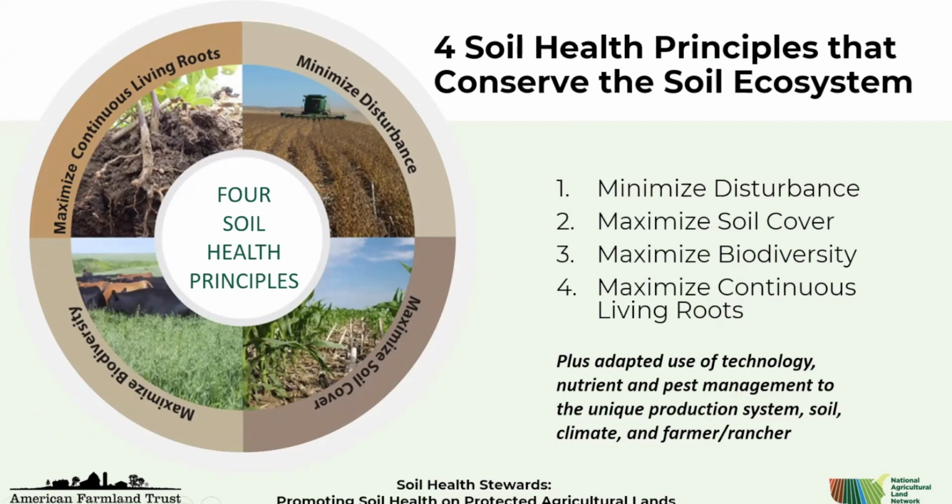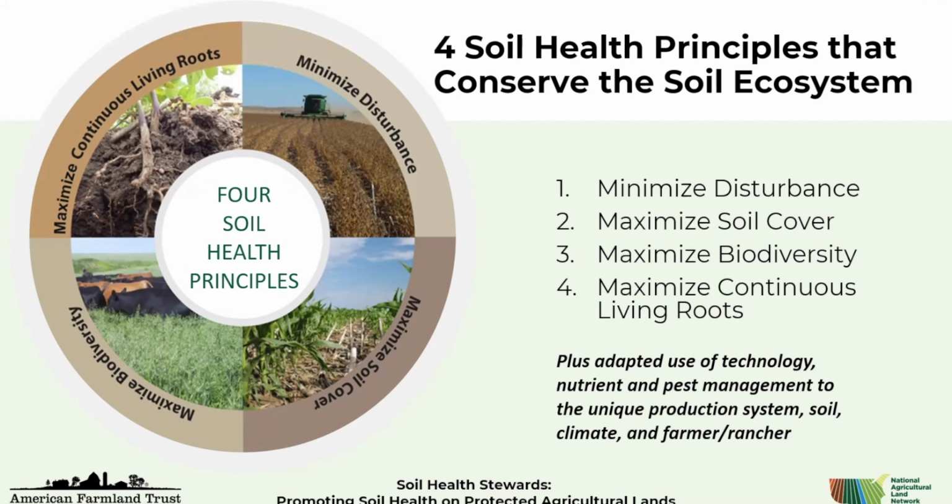Those 4 principles are to minimize disturbance, maximize soil cover, maximize biodiversity, and maximize continuous living roots. I would say that those 4 principles can be applied to any system across the globe. But of course, there are caveats, right? You can always find some kind of exception. You can always find some kind of, wait, but what if that? So they're very broad and flexible principles, and they need to be adapted.